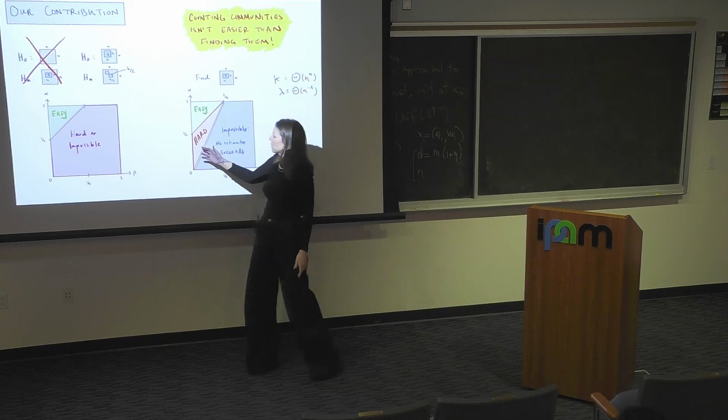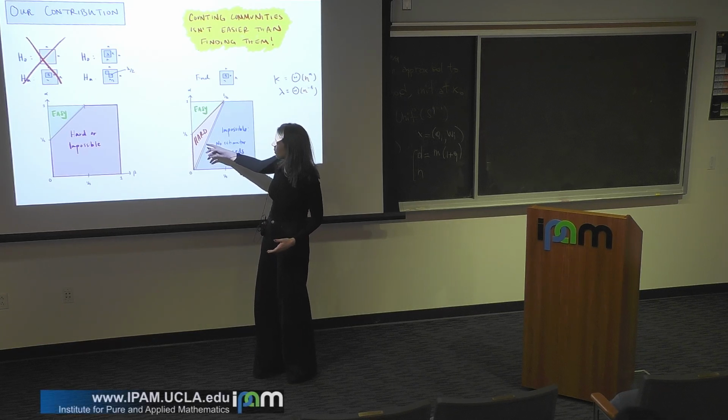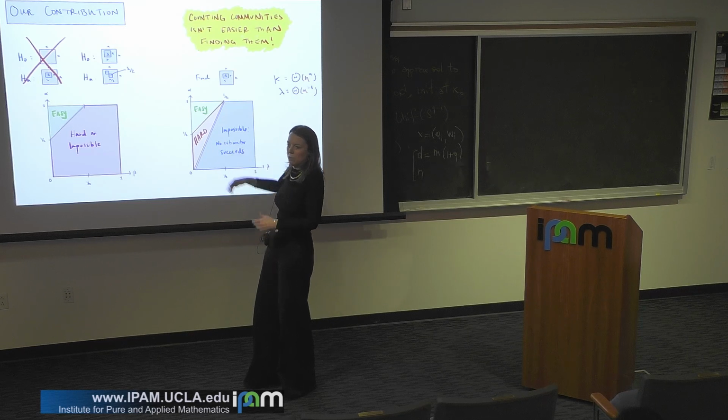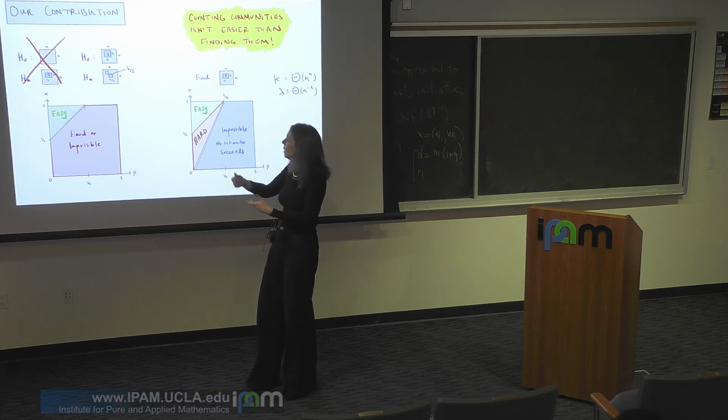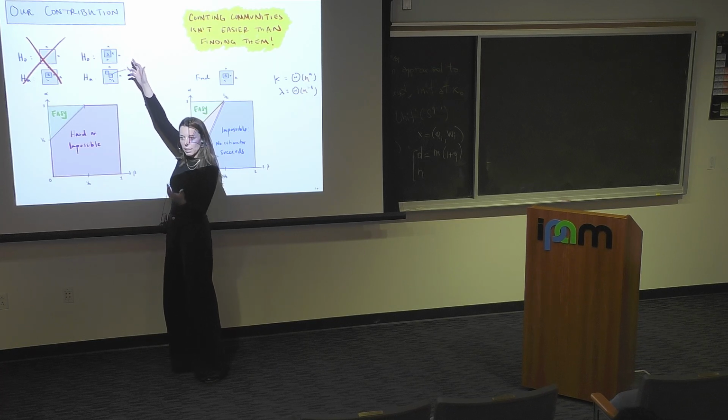In one direction, it's kind of obvious. If I have a recovery algorithm, then I should be able to detect between one or two communities. If I have an algorithm that recovers one community and I run it on data that actually comes from one community, it'll find it, so I know it's one community.